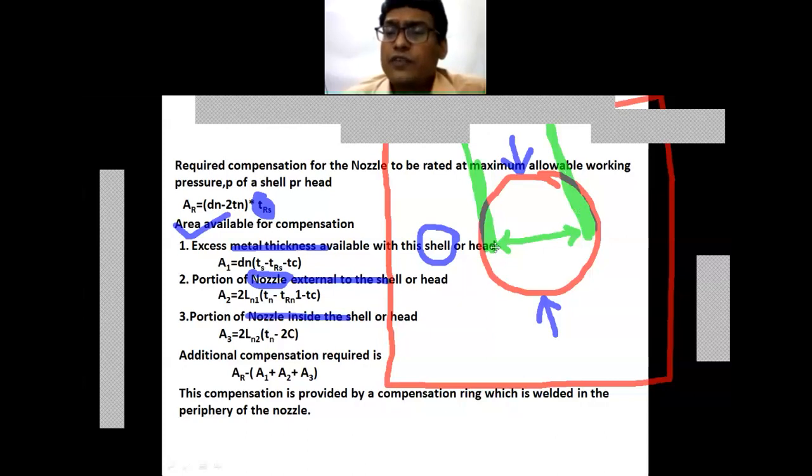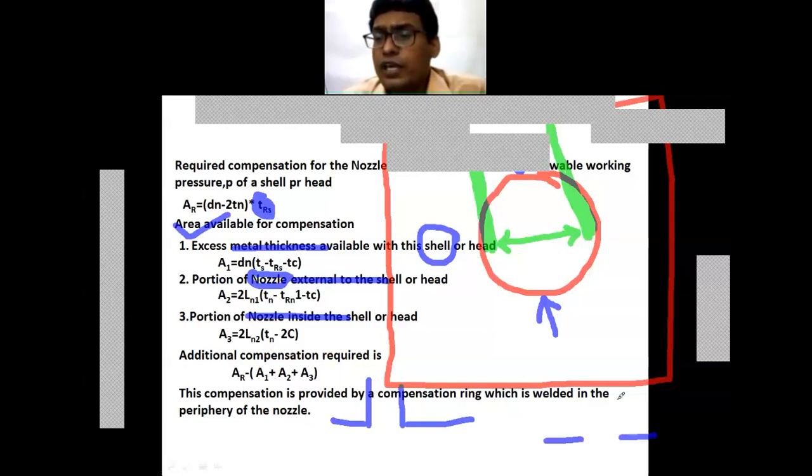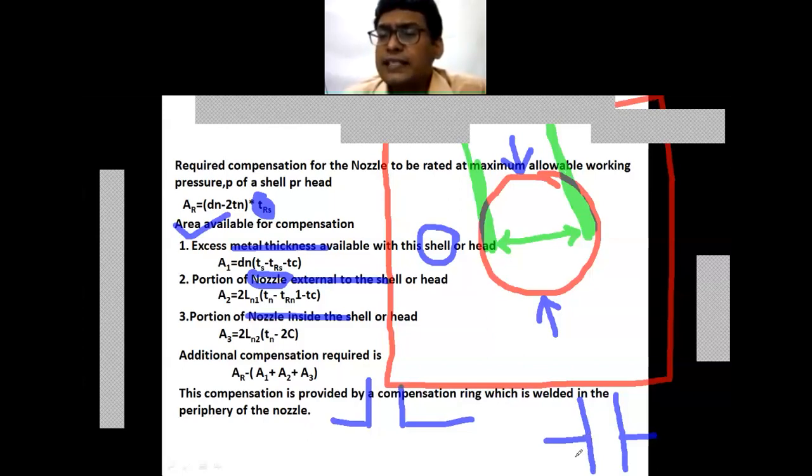We generally see the part external to the shell, and the part inside the shell, that is protruded inside the vessel. This is inside the vessel and this is external to the vessel. So the portion of the nozzle inside the shell or head and the portion external to the shell or the head. So this much area is removed.